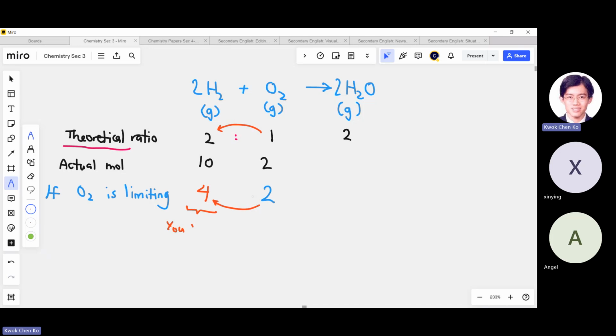So you have more than 4 moles, and that already tells you you have more than enough, and therefore H2 is in excess.